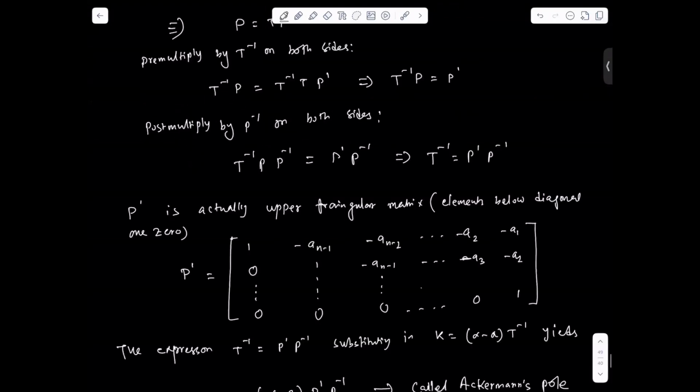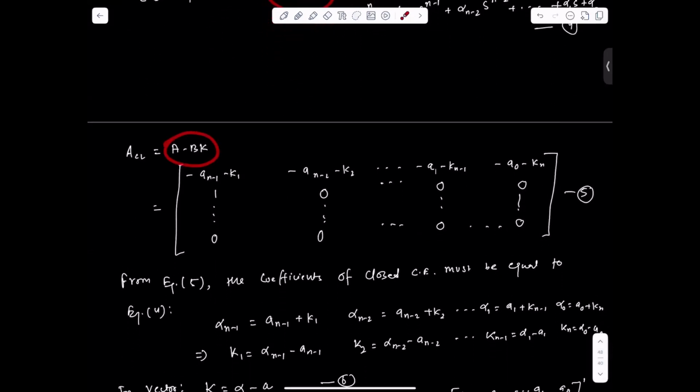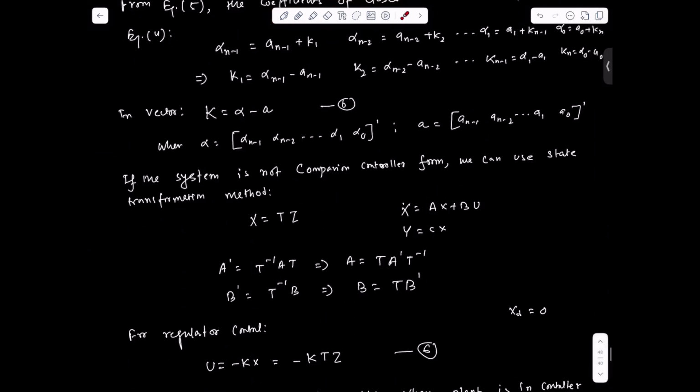Now, if you see here, we are finding the closed loop characteristic equation, and also the matrix A minus B K. Similarly, we can do it for the observer, because in controller design we are using K, but in the observer design we are using L. If you remember the last lecture, we designed L for the observer design, with the same structure.